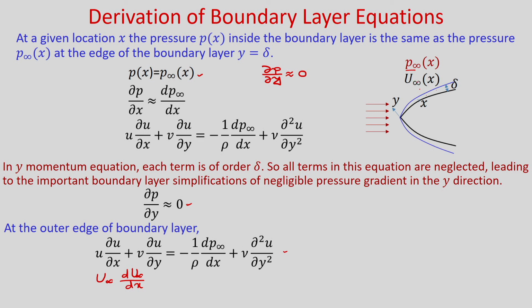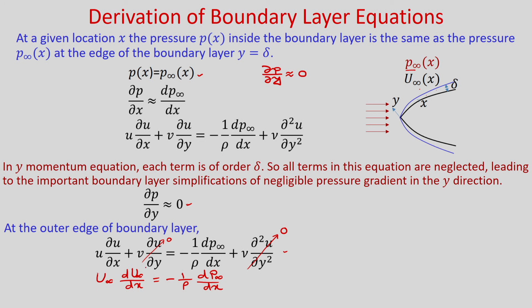So there will be no change of velocity in the y direction. As ∂u/∂y is 0 outside this boundary layer, ∂²u/∂y² also will be 0. So you get 1/ρ dP∞/dx equals U∞ dU∞/dx, where U∞ is a function of x.